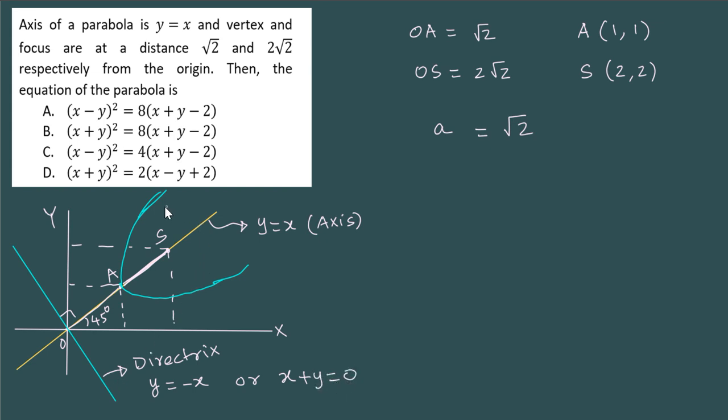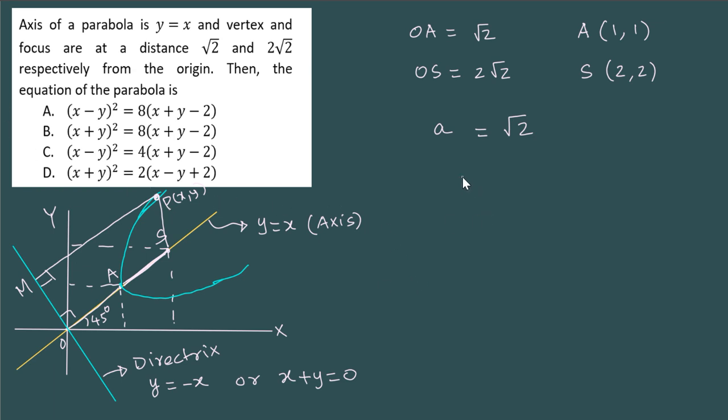If I take a point P on the parabola, let's say that is x comma y, I can just use the definition of the parabola. So this distance SP should be equal to the perpendicular distance of that point to the directrix. Again guys, I'm not drawing anything to scale, so this distance does not really look equal to PS, but I'm hoping you get the point.